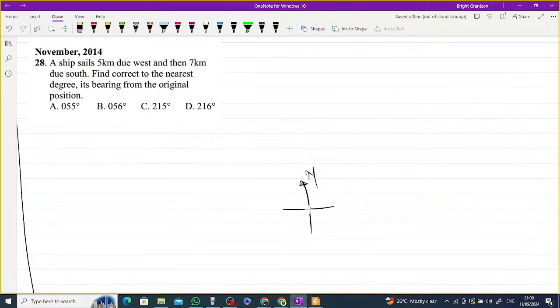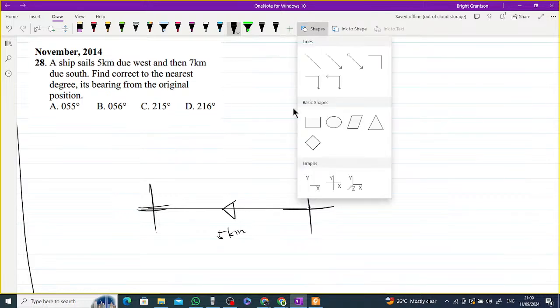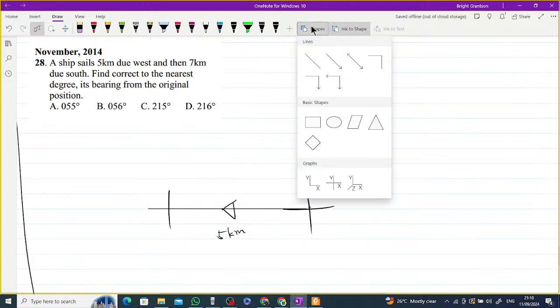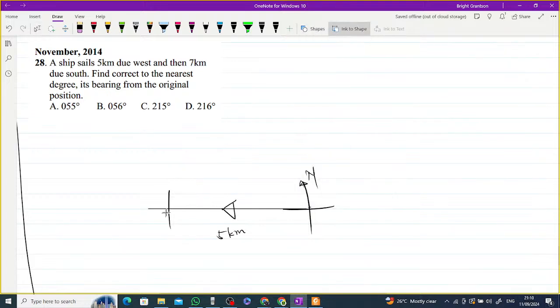5 kilometers due west. West is like this. This is the direction, 5 kilometers. And then 7 kilometers due south. So due south means you are going down. So from here, the ship went south.